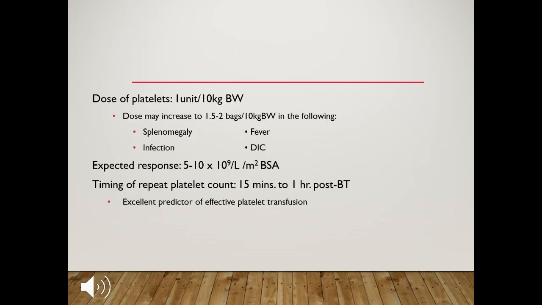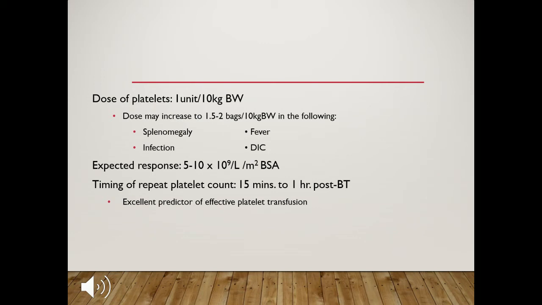How do we compute the dose of platelet that we will transfuse? Number one, we have to know the weight of the patient because every 10 kilogram body weight of the patient is equivalent to 1 unit that we need to transfuse. So, for example, the average 70 kilogram person would need 7 units of platelet. The dose may be increased to 1.5 to 2 bags per 10 kilos in the following scenarios.